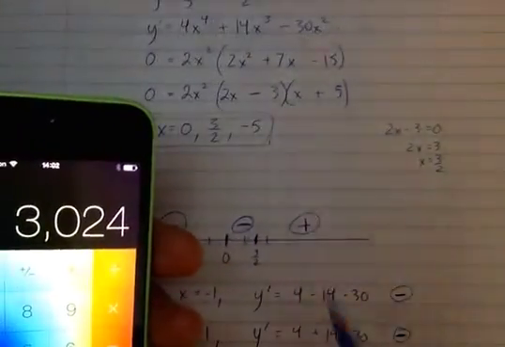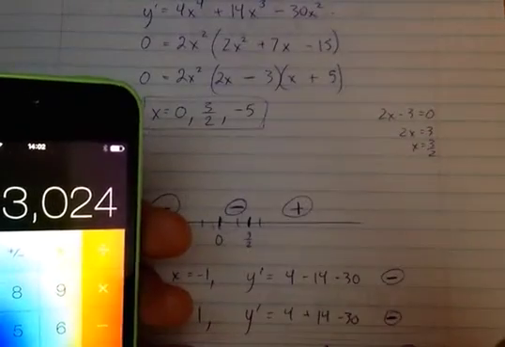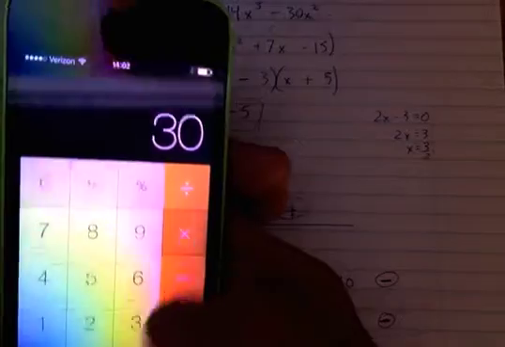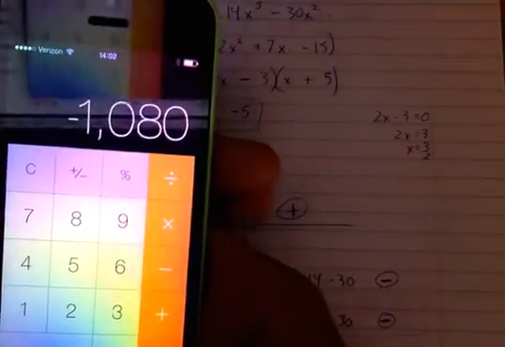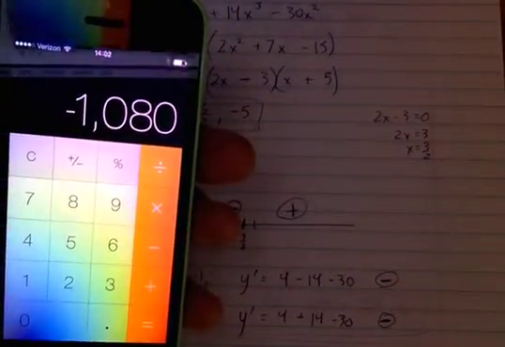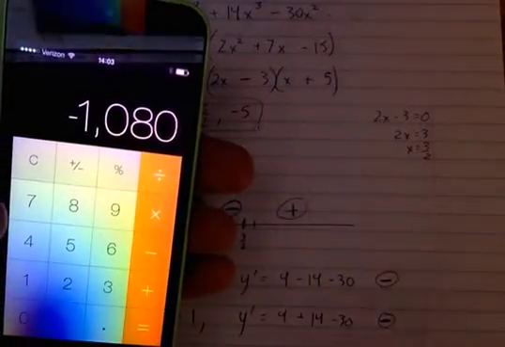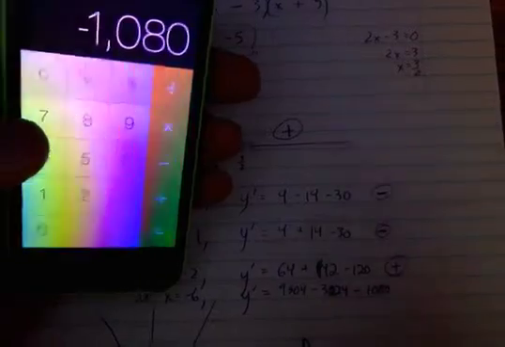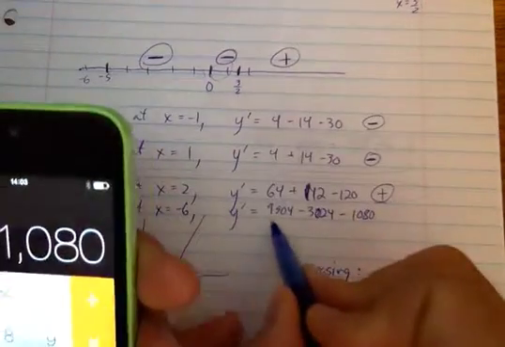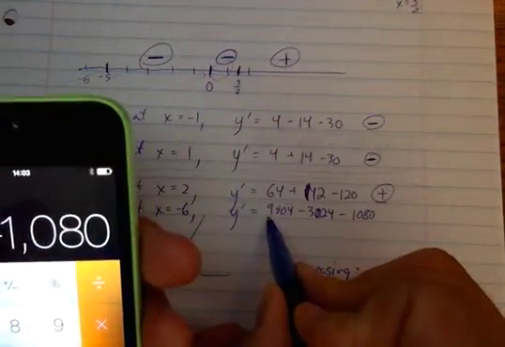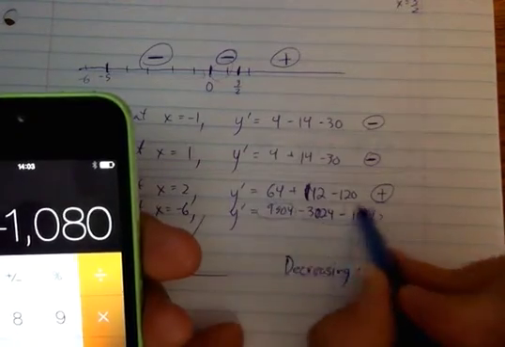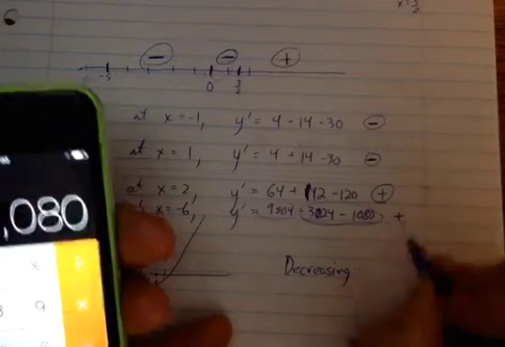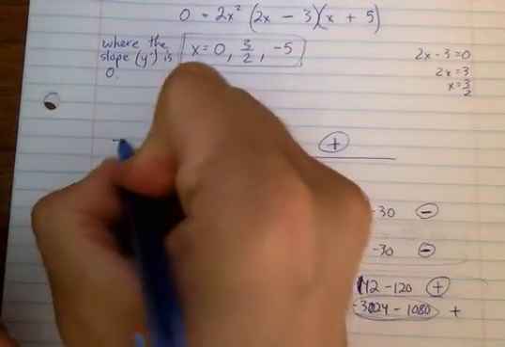And then minus 30x squared, so minus 30 times 6 times 6, that's 1,080. So minus 1,080. Well, let's do a quick check. We can tell that the big positive term is going to be bigger than these two, so it stays positive. So that means down here, it's positive.